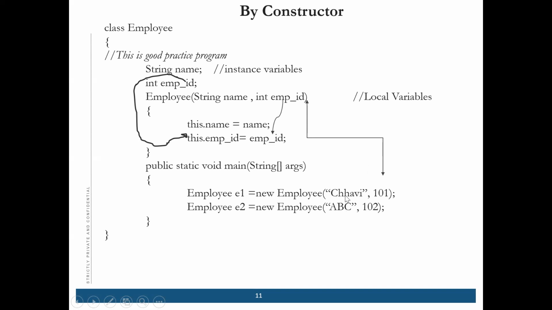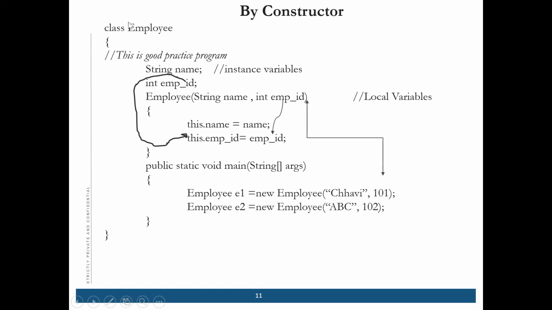As I told you, when initializing an object by method, we were putting these values into these local variables, name and employee ID, of this particular method, which is called employee. The method is employee, which means it's a constructor. Why?